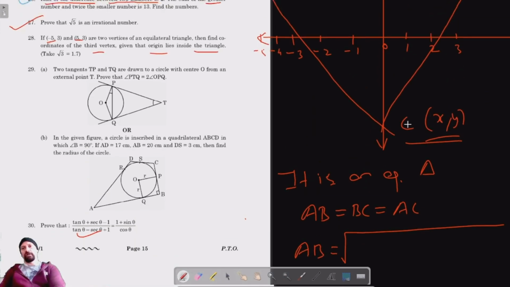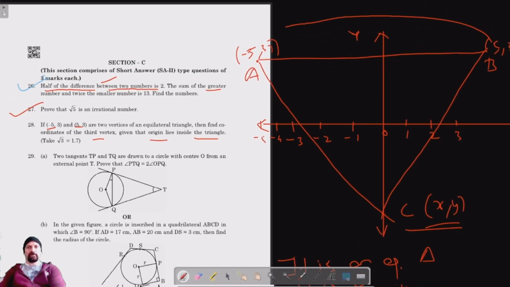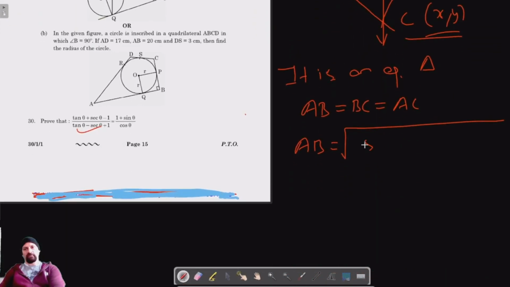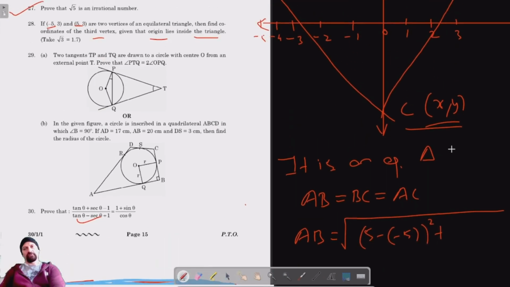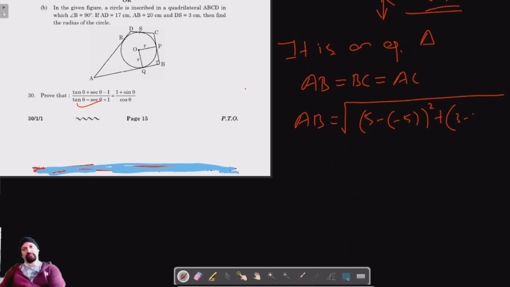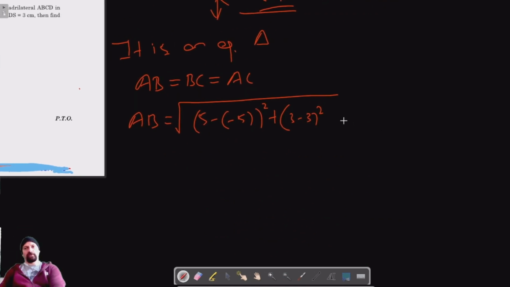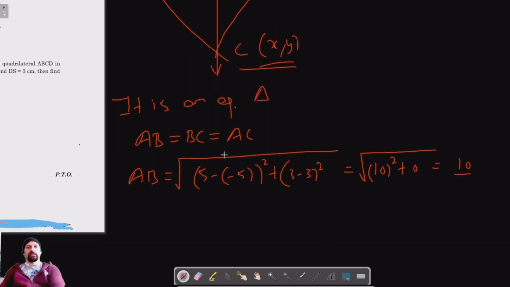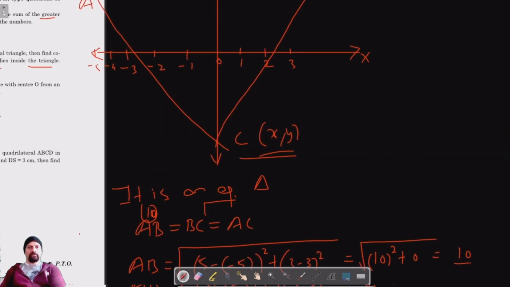Using the distance formula, AB is the square root of (5 minus of minus 5) the whole square plus (3 minus 3) the whole square, which gives us 10 square plus 0, which is 10. So AB is 10, and let's equate BC and AC.